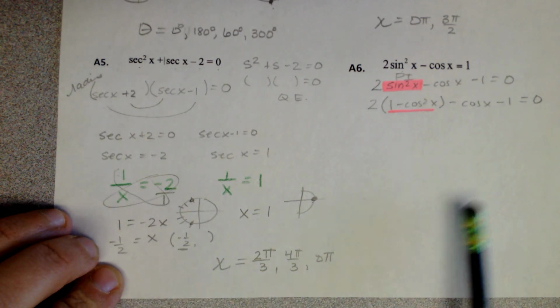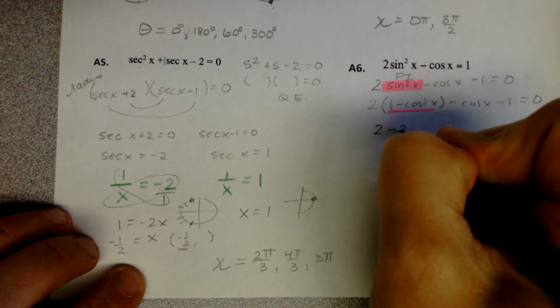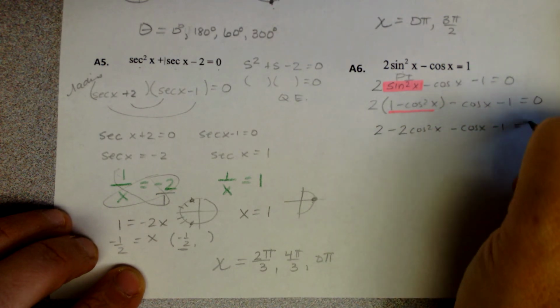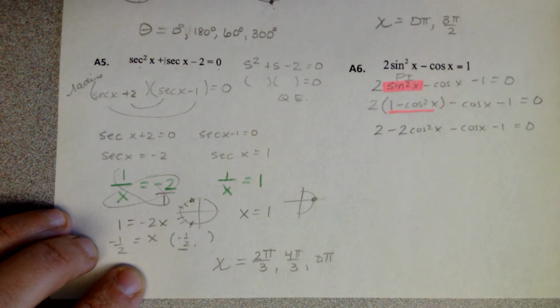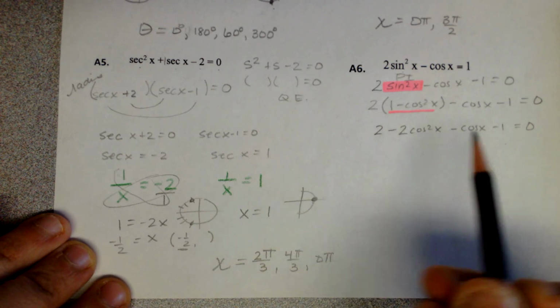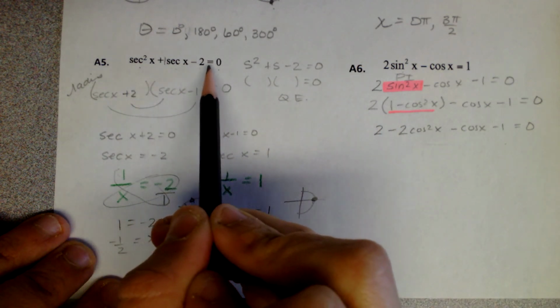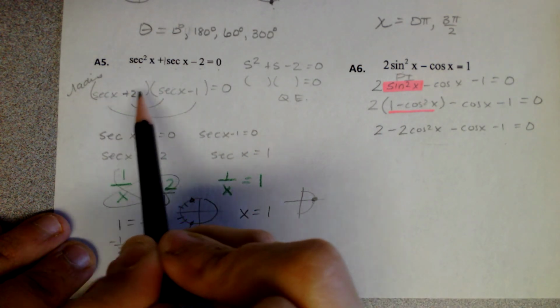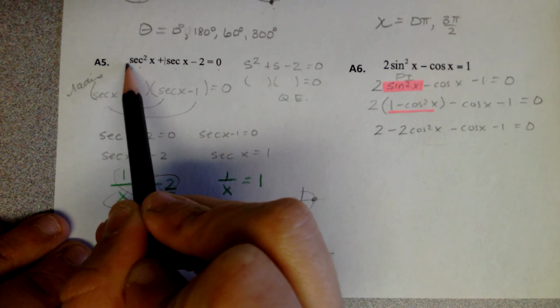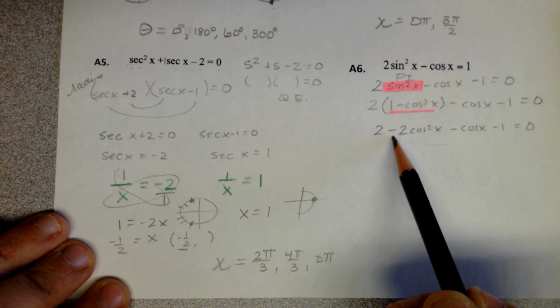Now I need to do a little bit of algebra. 2 minus 2 cosine squared x minus cosine x minus 1 equals 0. And now we have this phenomenon where we know we are on track for this to look very similar to this. But if we want to factor, most of us like to factor when the quadratic term is positive. My quadratic term is negative.